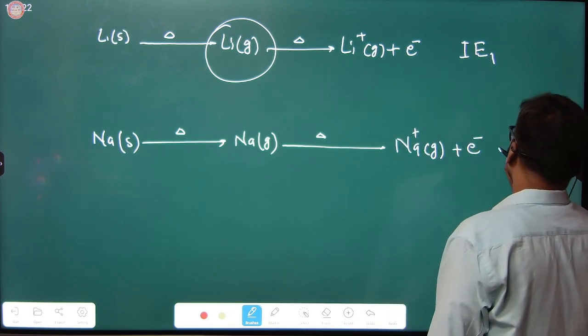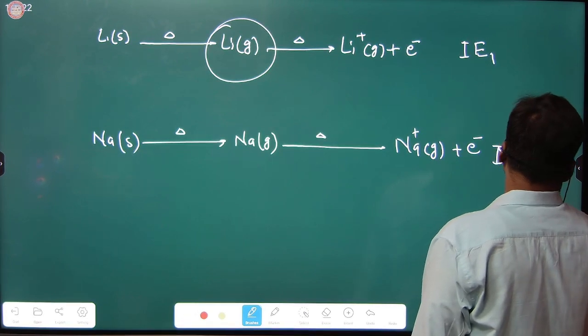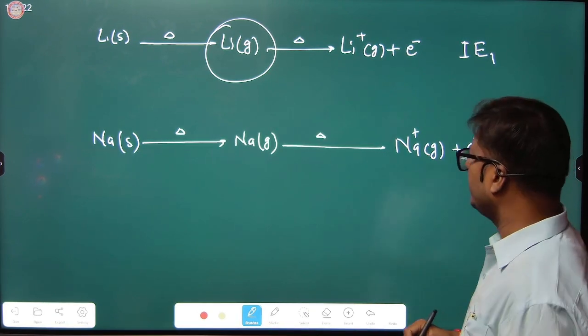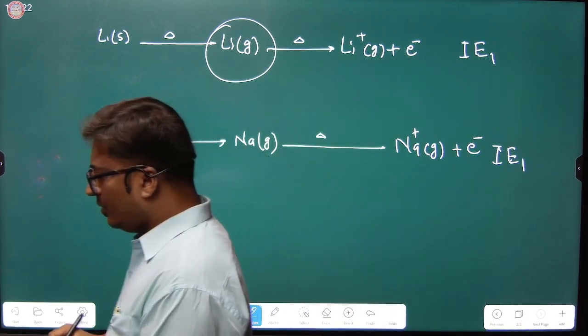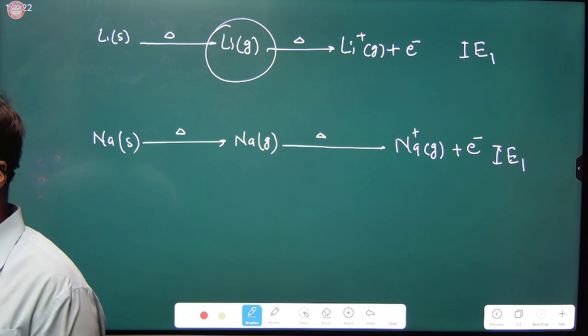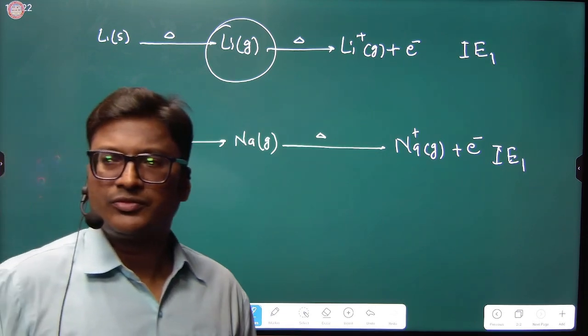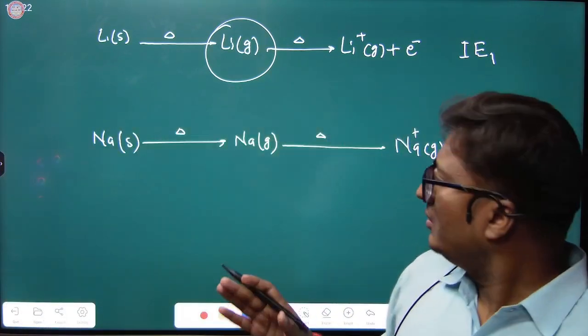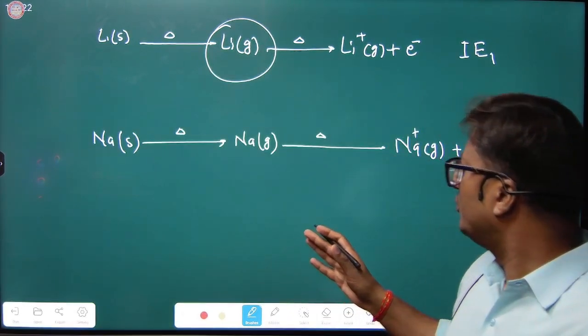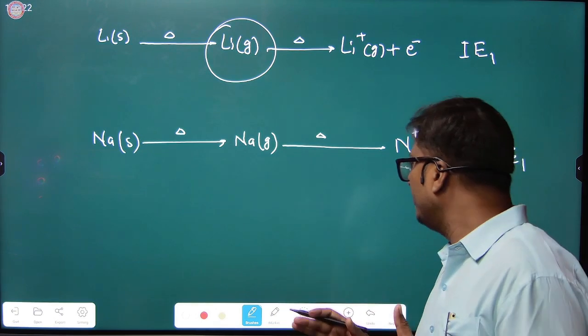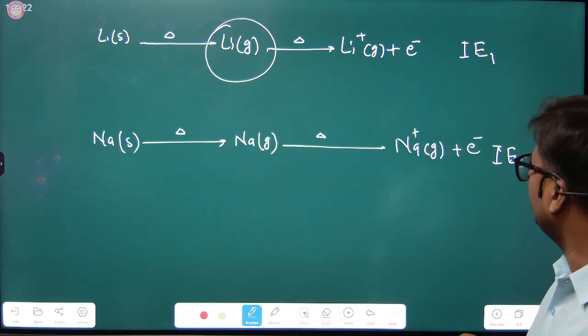So this is IE1, first ionization energy. Similarly, other alkali metals can be shown through the application of heat energy and their first ionization energy.